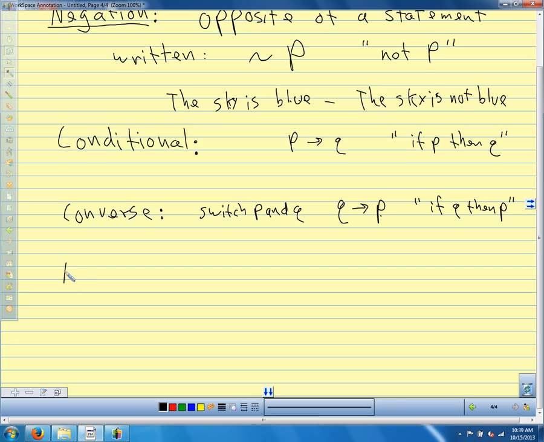The inverse. I just put a not in front of the P and Q in the conditional.